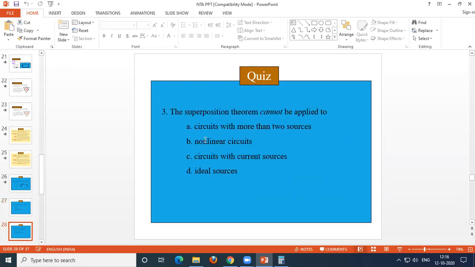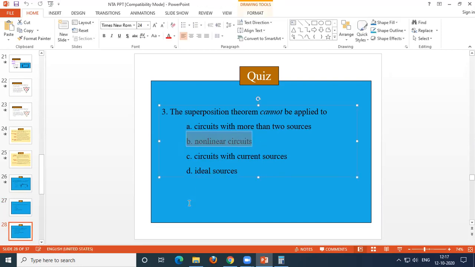Then the third question: the superposition theorem cannot be applied to circuits with more than two sources, non-linear circuits, circuits with current sources, or ideal sources. The superposition theorem cannot be applicable to non-linear circuits.